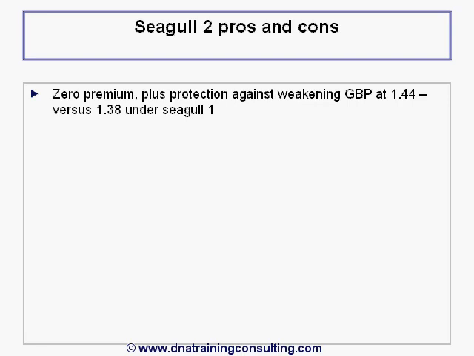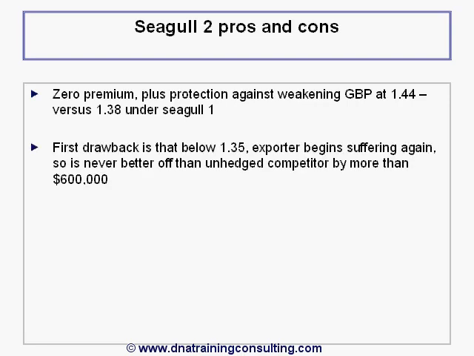The main risk, however, is that if sterling weakens substantially, and specifically beyond 135, the short put position goes in the money, draining proceeds away from the exporter and ultimately putting him at a disadvantage to those who, for example, used the first Seagull alternative.